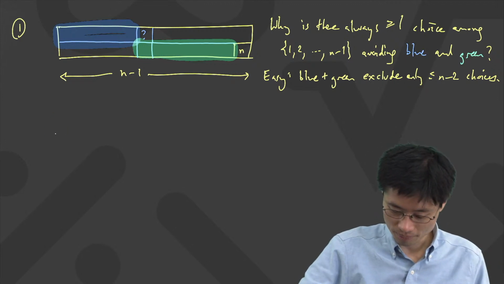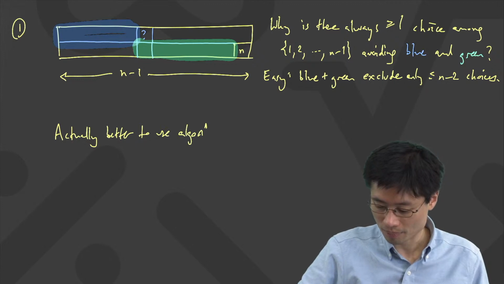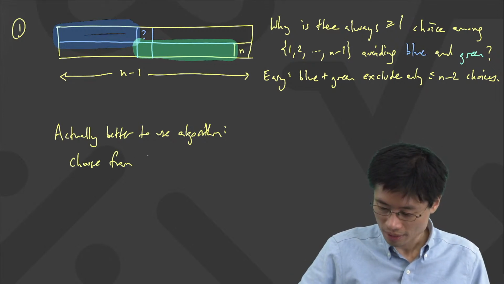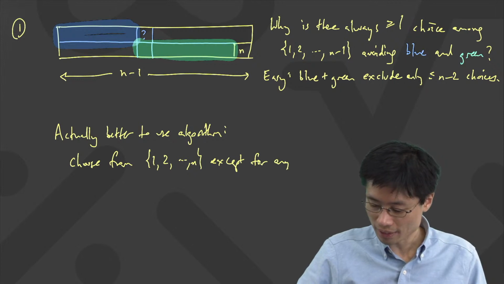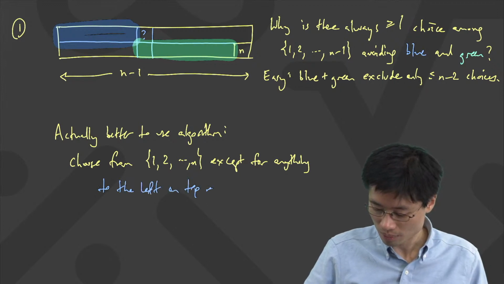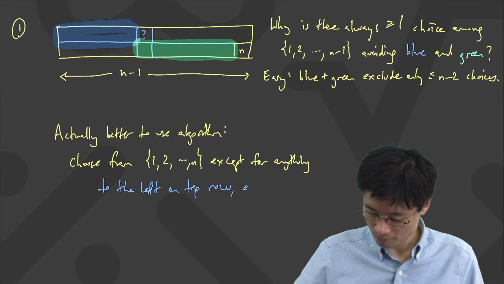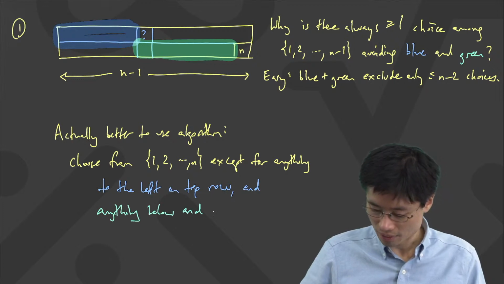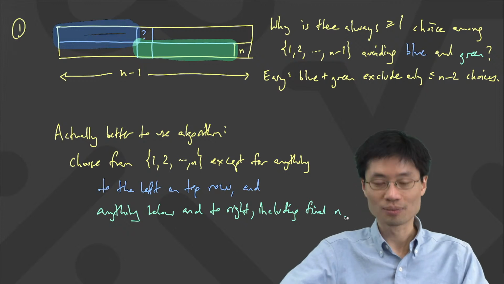Actually, better to use the algorithm: choose from 1, 2 up until n, except for anything to the left on the top row and anything below and to the right, including the final n.